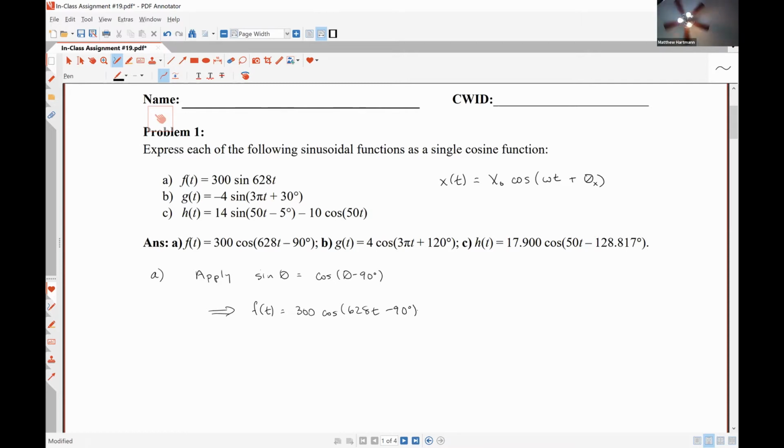Nothing particularly wild about that one. It's just a simple application of one of that list of trig identities that's there on the right-hand side of my video.